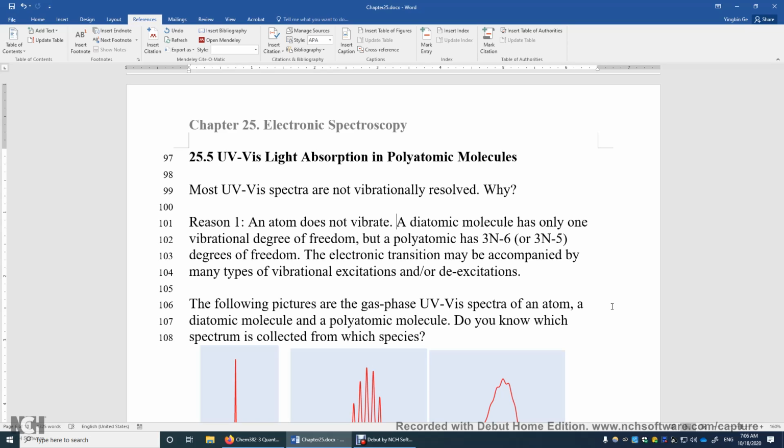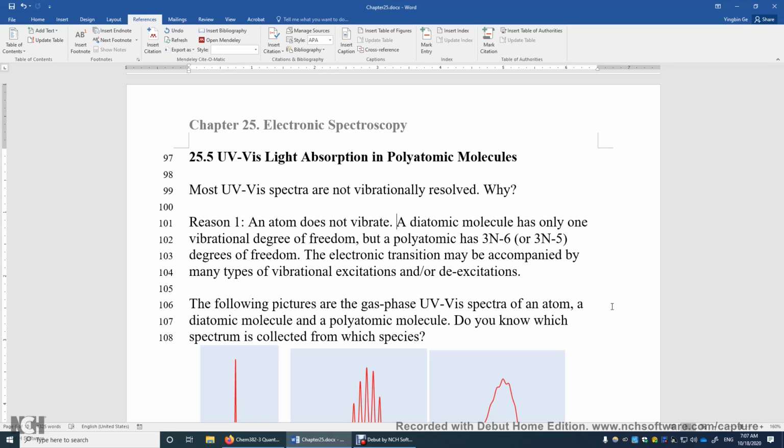But when you have a polyatomic molecule, such as water, you have three vibrational modes. Ammonia has 6 vibrational modes. The electronic transition of ammonia may be accompanied by 6 different types of vibrational excitations and even de-excitations of the vibrational energy levels.